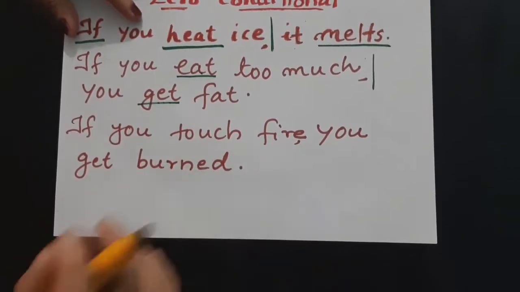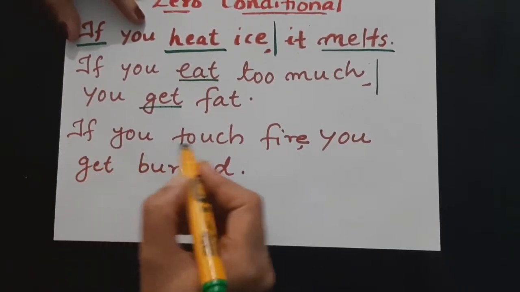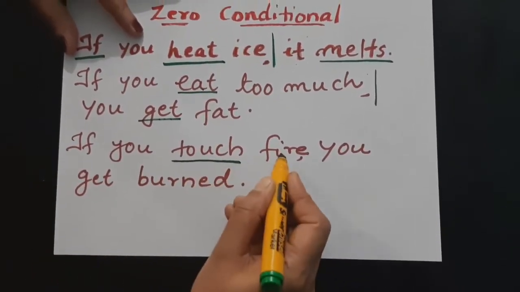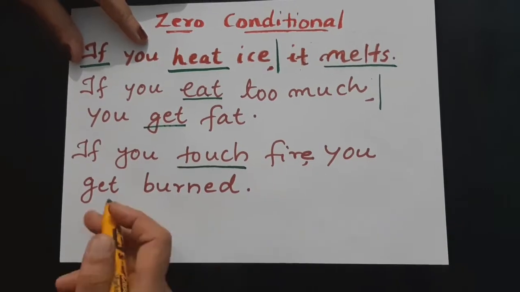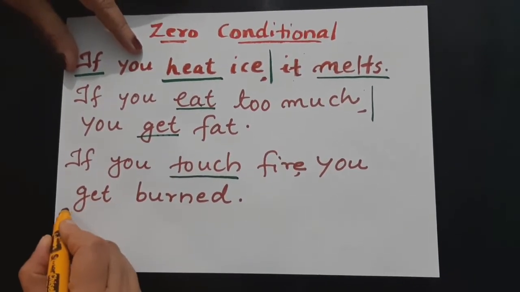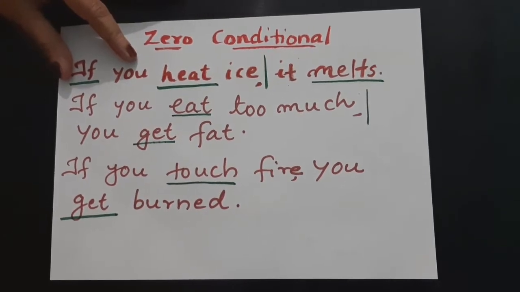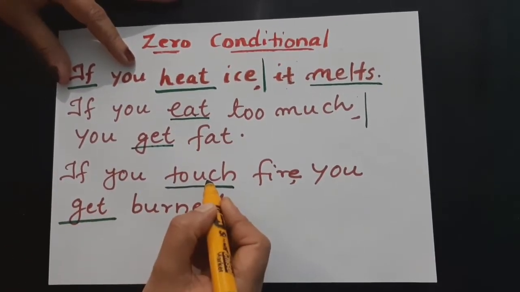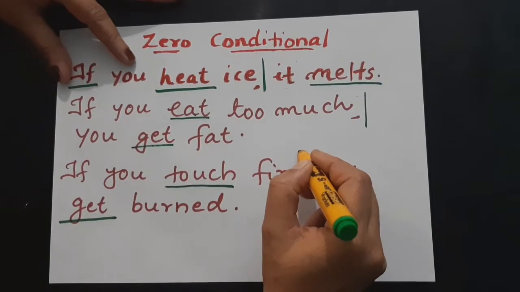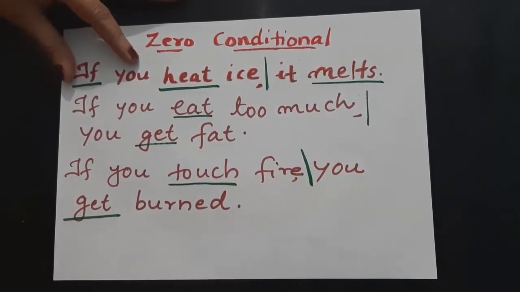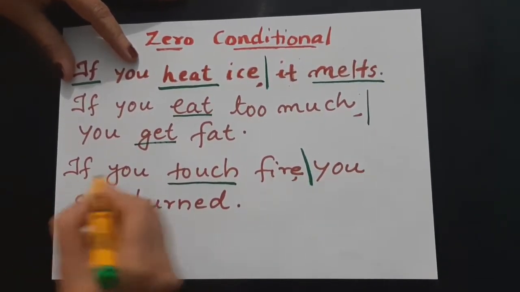Come to the third one. If you touch fire, what will happen to you? You get burned. Yes, that is a general truth. If you touch is the subordinate clause, that is, the if clause.